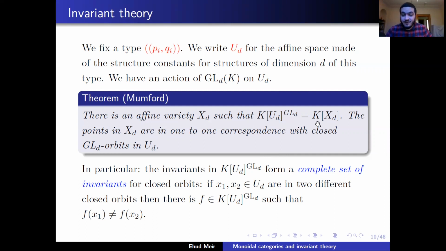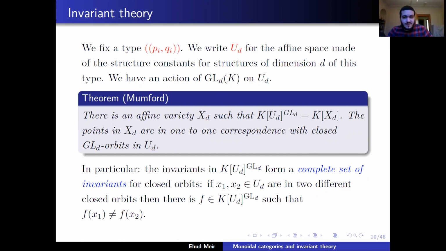Because you can think of the invariant functions in K[U_d]^(GL_d) as functions that remain constant on every orbit. And therefore, they are kind of the algebra that you would expect to find as the algebra of functions on a quotient space, if a quotient space exists. In general, constructing quotient spaces, because of this problem of non-closed orbits, is one of the main difficulties that one encounters in studying geometric invariant theory.